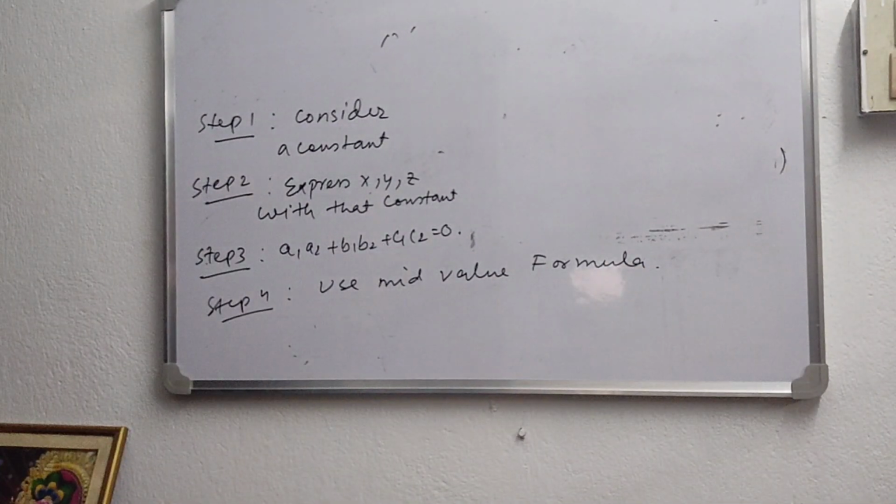So what I considered, step 1 is consider constant. Step 2, express x, y, z with that constant. Step 3, find the DRs, direction ratios, and use the formula A1A2 + B1B2 + C1C2 = 0. As you all know that if you want to find the image of a point, these two lines must be mutually perpendicular. And step 4, use mid value formula.